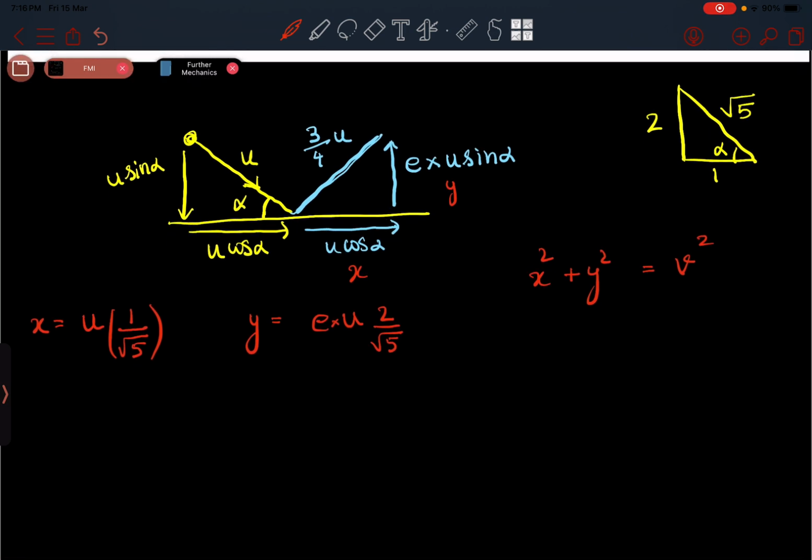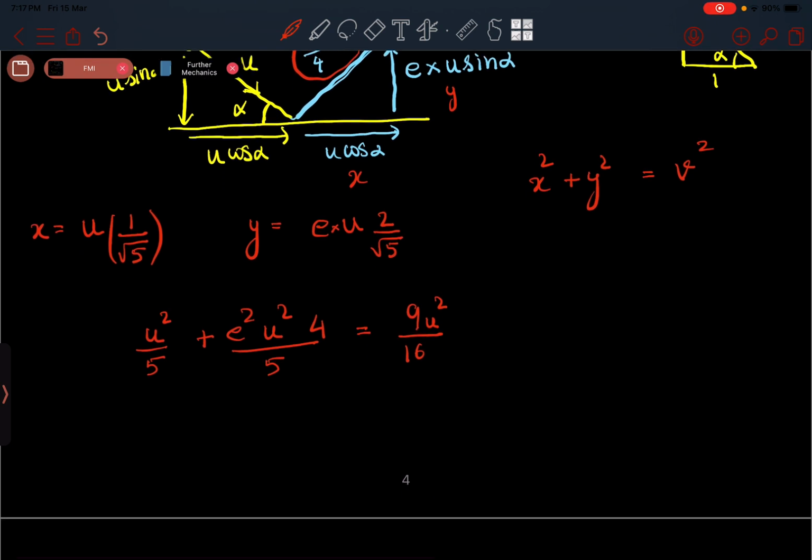So x squared is u squared over 5. y squared is e squared u squared times 4 over 5, and that's equal to v squared, where v is 3/4 u, so v squared will be 9u squared over 16.